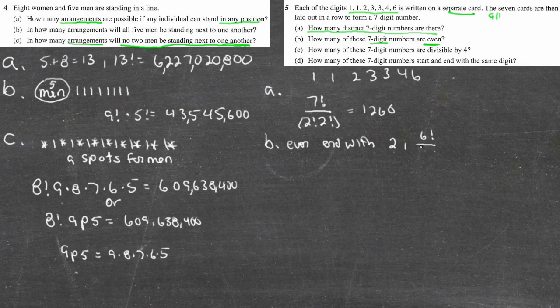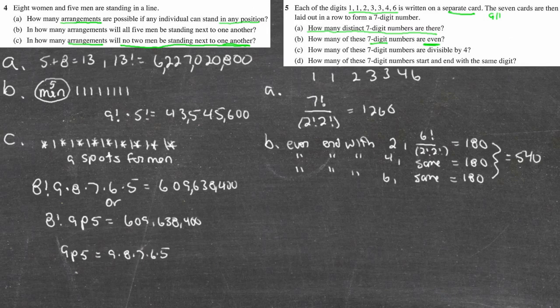So 6 factorial divided by 2 factorial times 2 factorial, and that's going to give us 180. Now, if we look at the even numbers where there's a 4 at the end, again, there'll be 6 numbers left over, and again, 2 of them repeat. And if you put the 6 at the end, it's also going to be the same, because you'll notice the even numbers don't repeat, so they're not going to change. You add all those up, you get 540.